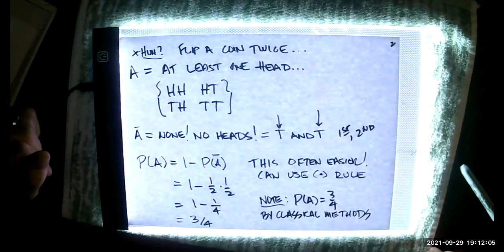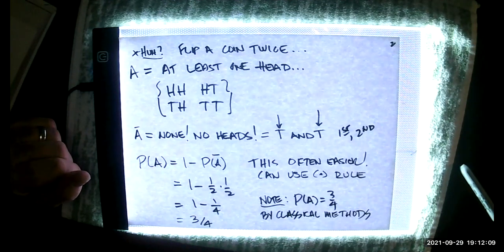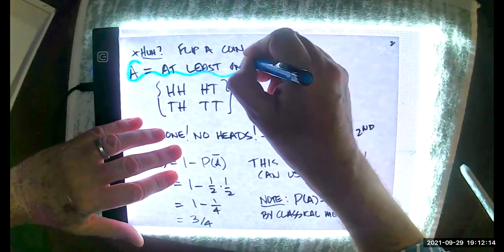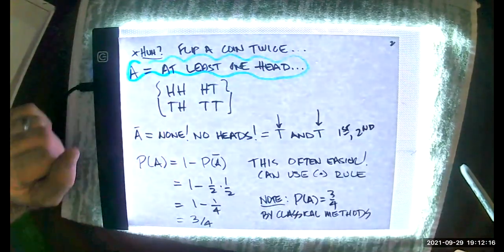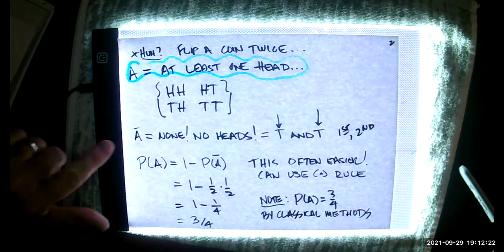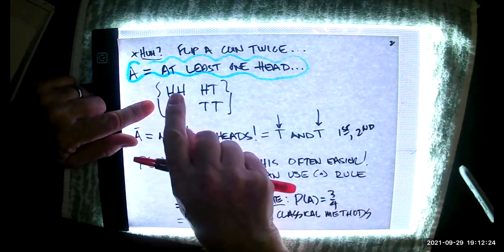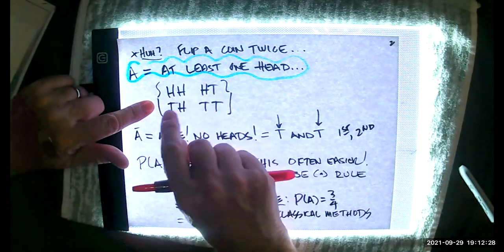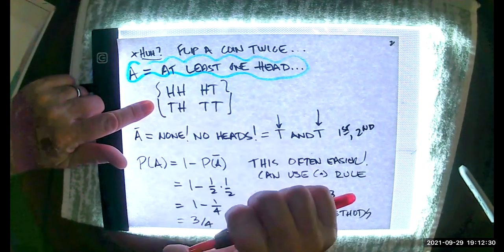We're going to flip a coin twice. We're going to assume it's fair. The event I am interested in is the outcome of at least one head. Now, I will note in my sample space for the two coin flip: head, head; head, tail; tail, head; tail, tail.